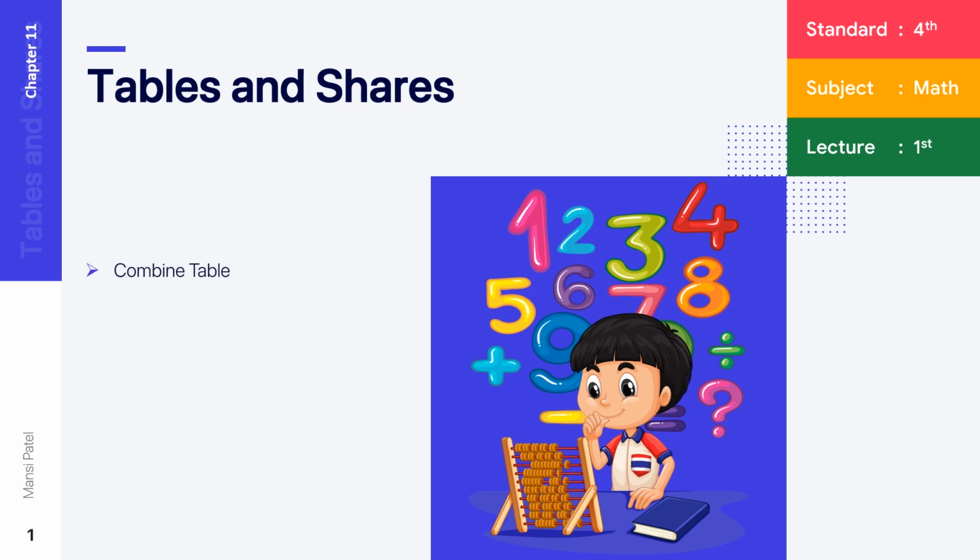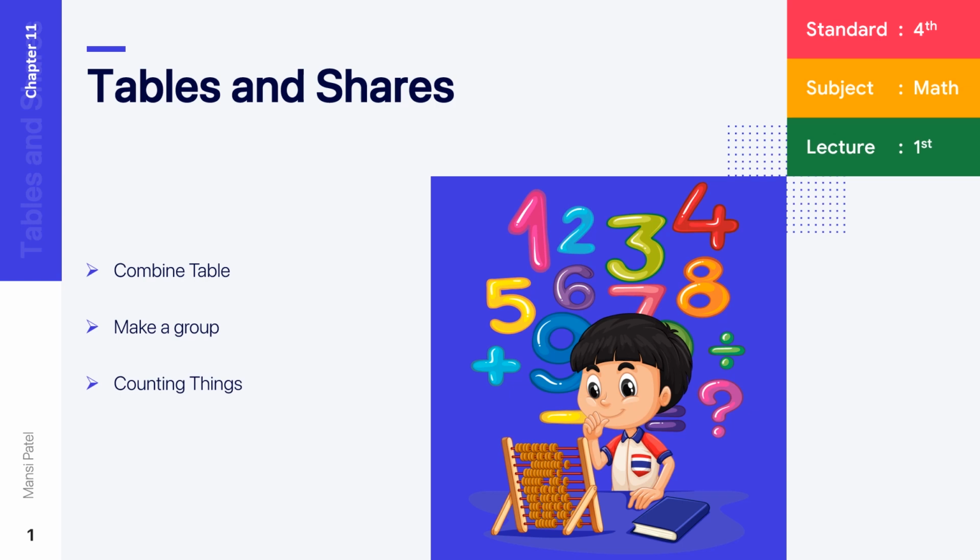So let us start our first topic, that is the combined table. Today we are not supposed to start directly multiplication and division. Today we are going to see the combination of two tables makes another table. How is it? So we see, study and understand in this session. After that, make a group.